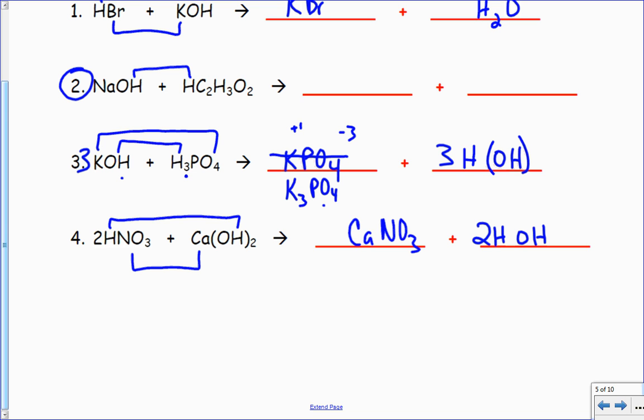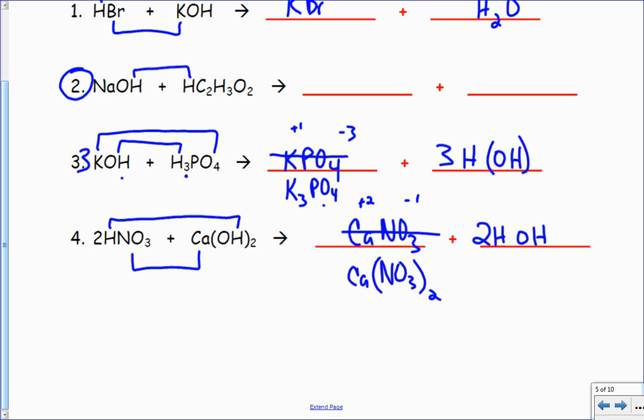I know that Ca is a +2 charge and NO3 in table E is a -1 charge. So when I crisscross them down, the 1 goes to the Ca, the 2 goes to the NO3 to build a stable compound.